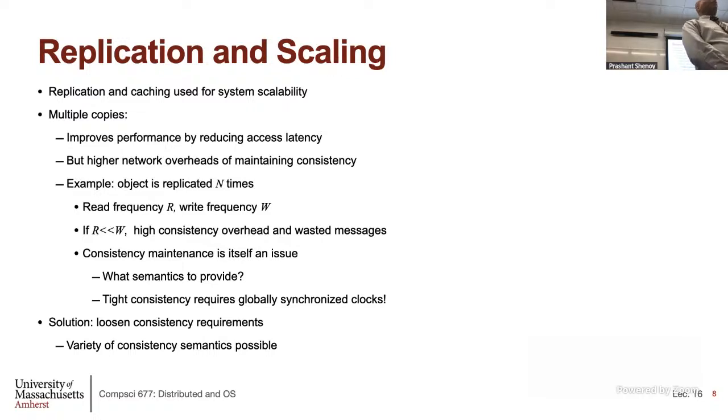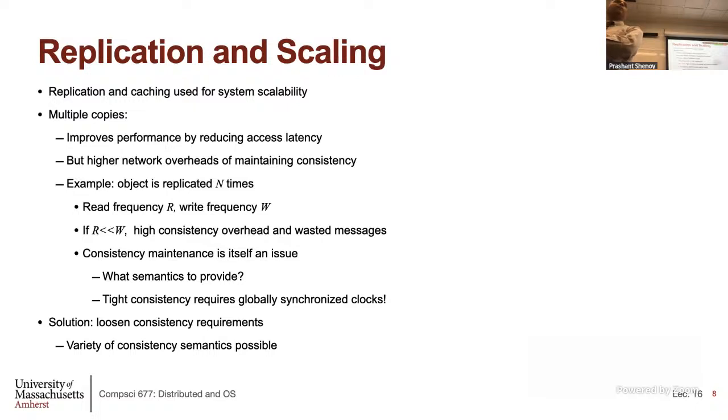Now you can ask, does having these multiple copies actually give you benefit, in terms of performance or something like that? So the way you will think about this benefit is replication is going to come at a cost. The cost is the cost of maintaining consistency. You are going to pay some extra cost, extra messages have to be exchanged to ensure that data is consistent.